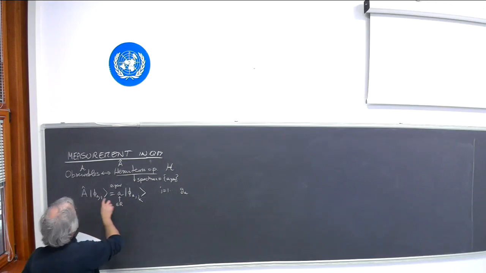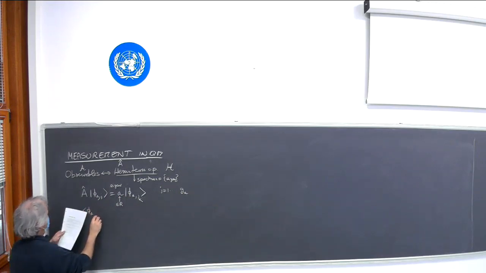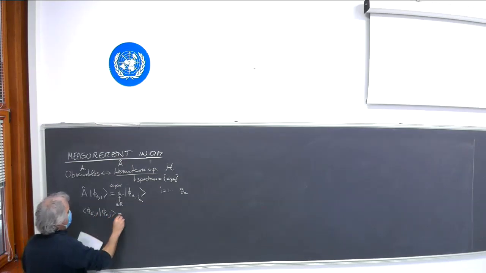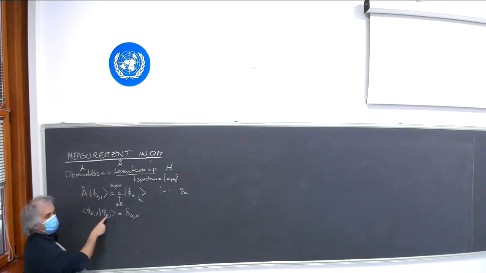I know that different eigenvectors can always be chosen to be orthonormal. In other words, I assume that if I have phi a prime, j prime, scalar product with phi a, j, that is automatically 0 if a is different from a prime.